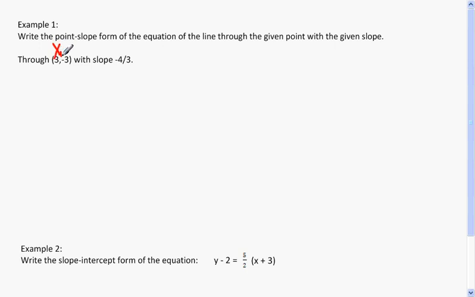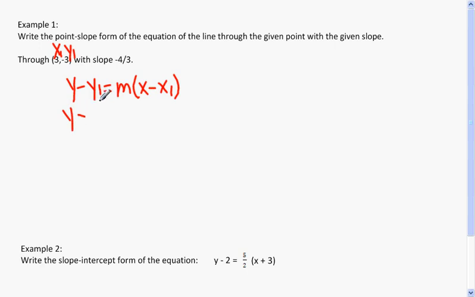This being an x1 value, this being a y1 value. Your slope is -4/3. I'm going to go ahead and rewrite the equation for point slope. I like to have this right here so it's easy to look at and know what I need to substitute in for.